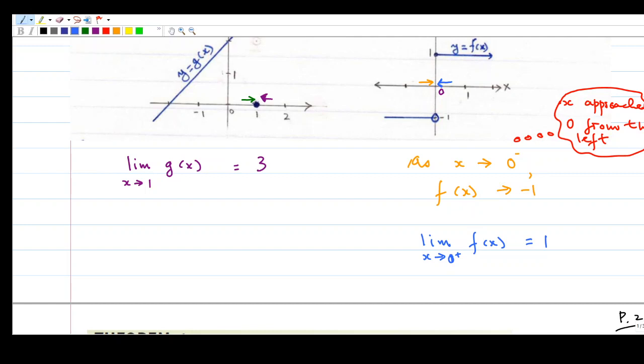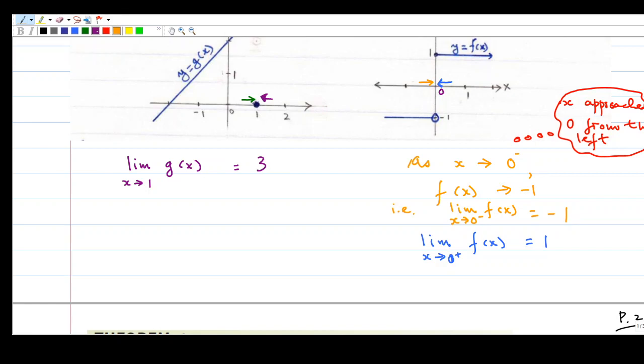The one above, as x approaches 0 from the left, f of x approaches negative 1. We can write this as the limit of f of x as x approaches 0 from the left is equal to negative 1.